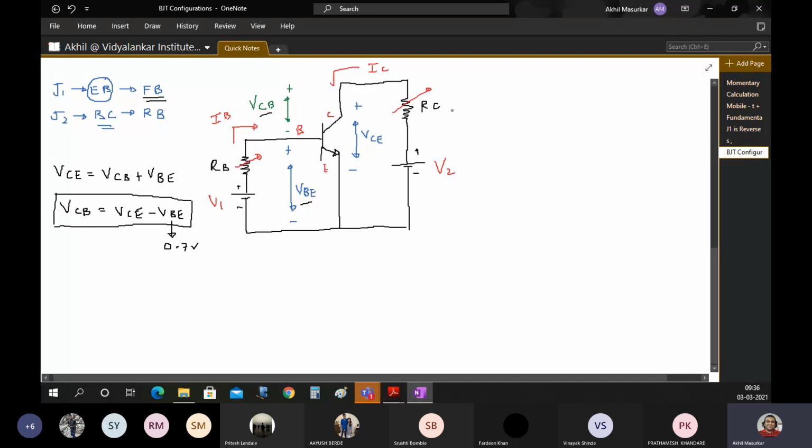The value of this resistance is generally in kilo ohms, and this is generally in mega ohms, because IB should be generally in microamperes and IC should be generally in milliamperes. So milli upon micro will give you a beta, where beta is IC upon IB. Generally you will get it as around 50 to 300.